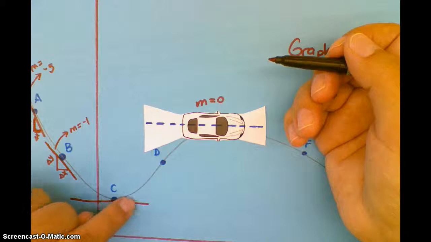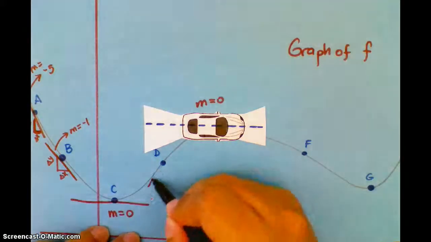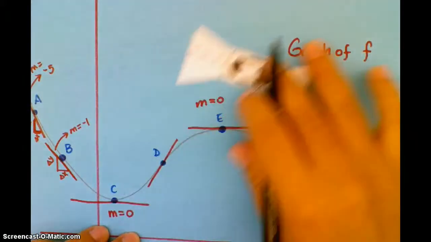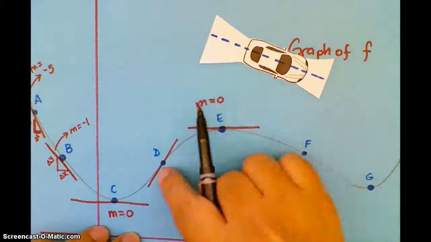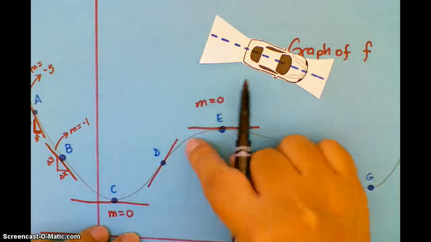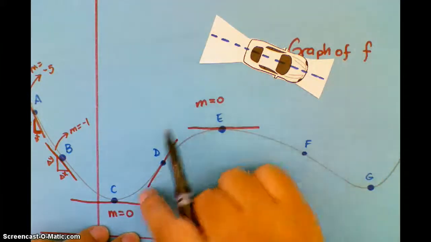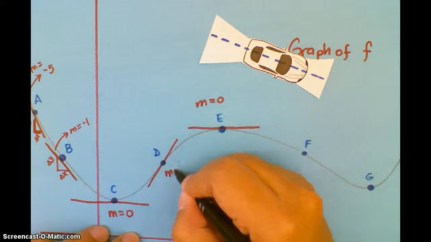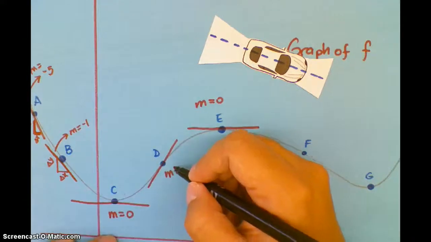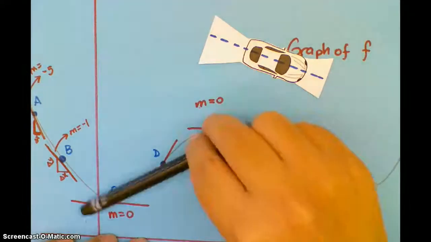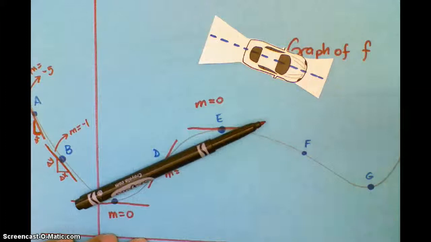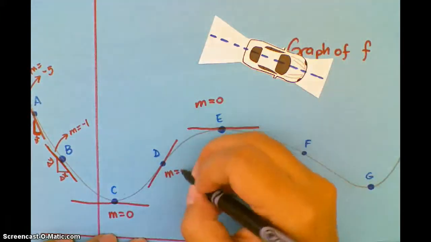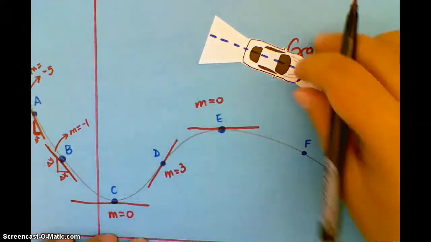The slope is going to grow up to here, and then from here on it's still going to be positive, but it's going to decrease. So let me estimate this slope at, I don't know, the diagonal of a square is 1. Let me estimate it at 3. It could be 3, it could be 4.